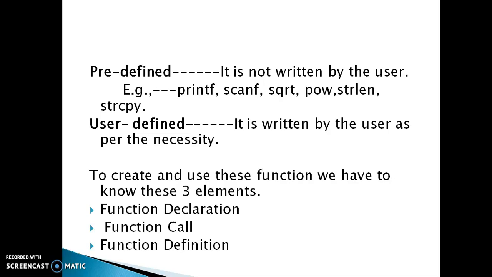These are all examples of predefined functions. Predefined or library functions mean the user is not required to write the code, it is already defined. We just use the function names in the program, and their code is present in the C libraries and can be reused with the header files.